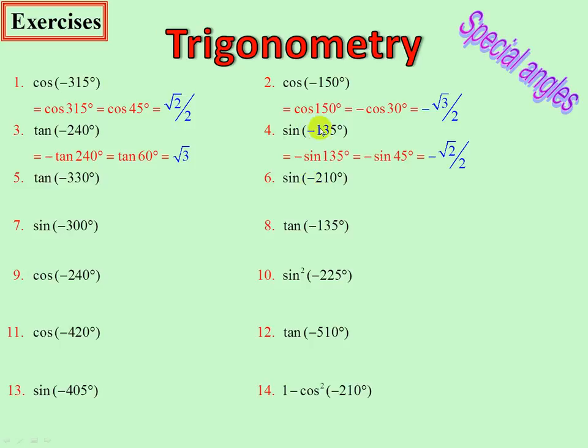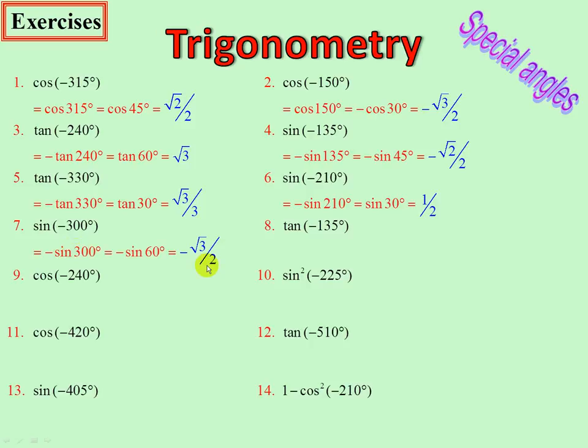Negative sine 35. Negative tan 330. Negative sine 210. Cos of negative becomes straight cos. Notice cos 240 ends up being negative, but that's later, because of the 240.